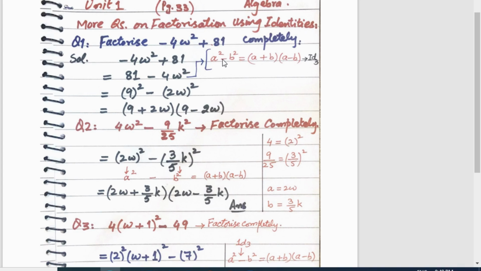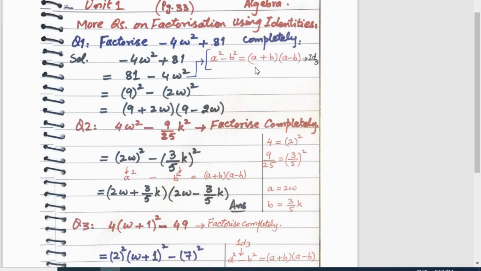Minus sign means difference, and the two squares are a square and b square. Now we have a difference of two squares, with a square and b square. What do a and b stand for over here? Now a is replaced by 9 and b is replaced by 2w.